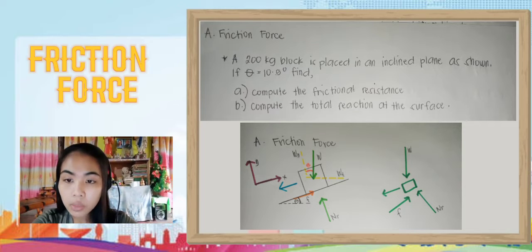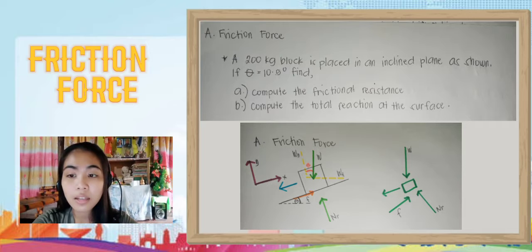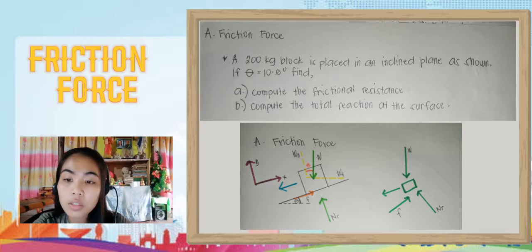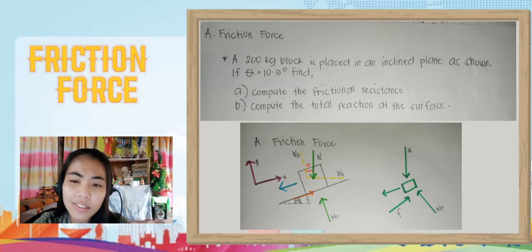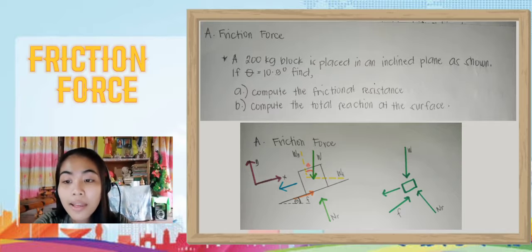In a plane, we have a normal force which is perpendicular to the plane, and let us call it N sub R. Yung normal reaction natin, kasi pag N lang, may possibility na ma-identify siya as unit which is Newton. That's why I put R, so it will serve as like a key to know that it is a force. And then, our frictional resistance should oppose the normal reaction.